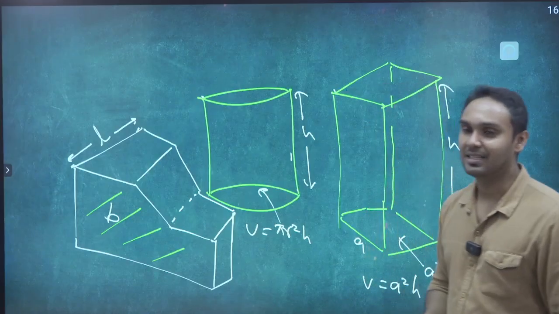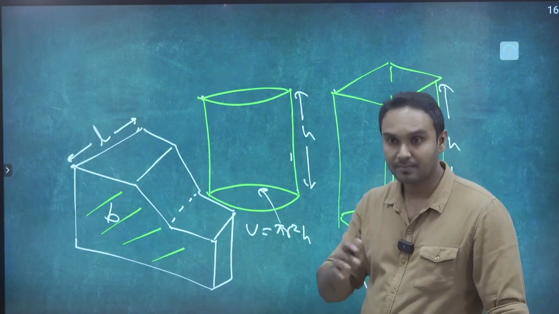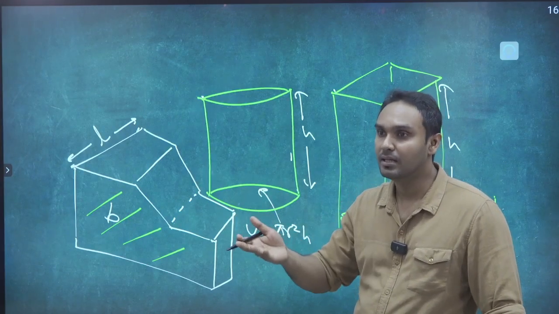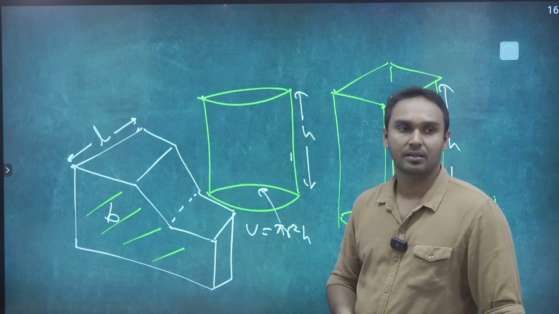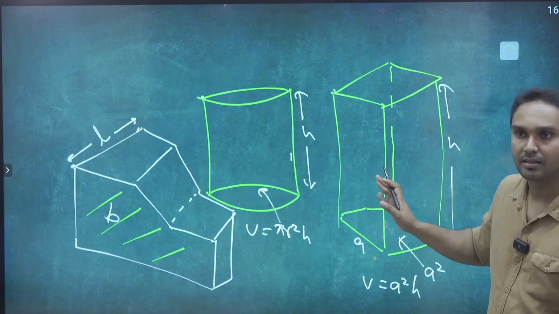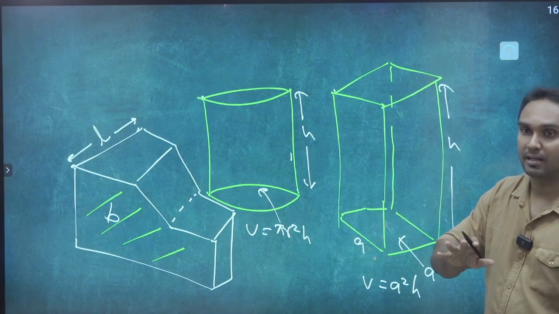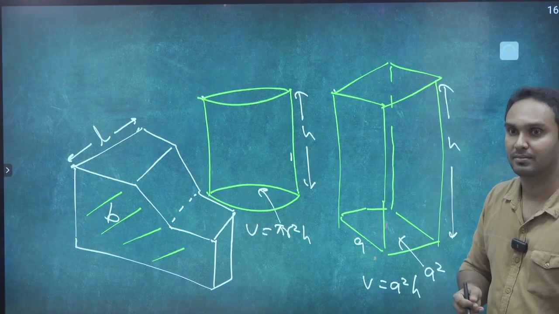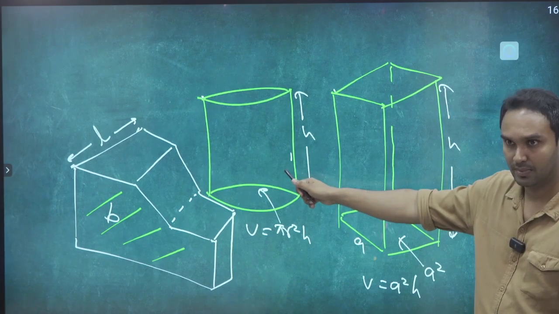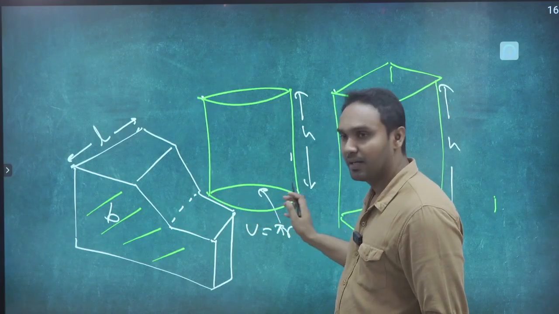Listen. So that is one thing: the cross sectional area times the uniform length will give the complete volume. That is the same for each and every symmetrical object. And for the majority of objects which are not symmetrical, what happens?